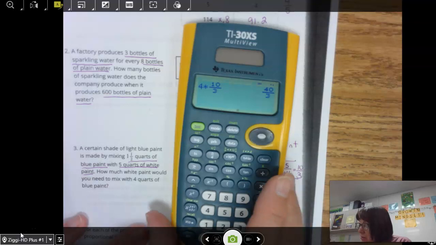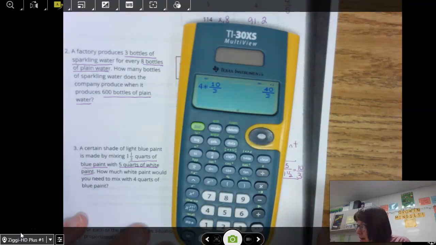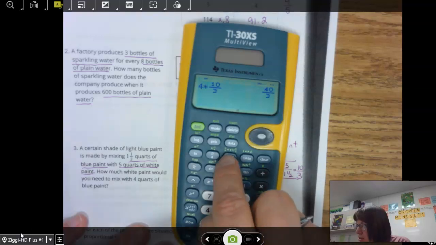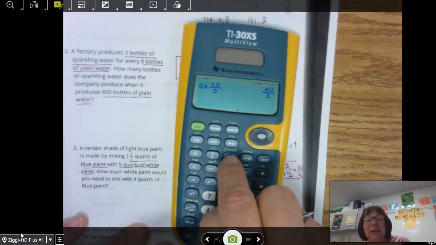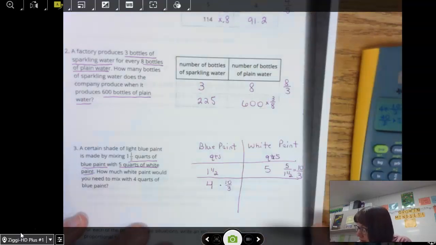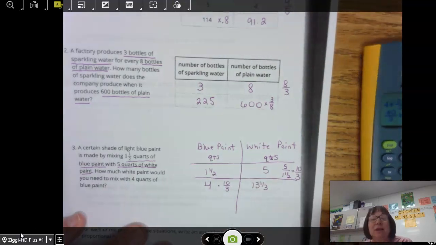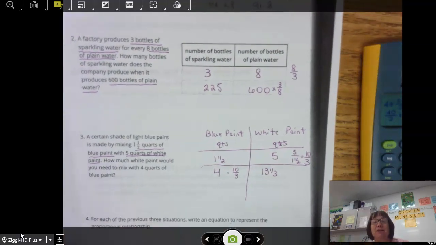If I hit the second bar, I can hit fraction to mixed, this button right here, and then hit enter, and it will show me that that's 13 1/3. That was 13 1/3 quarts.